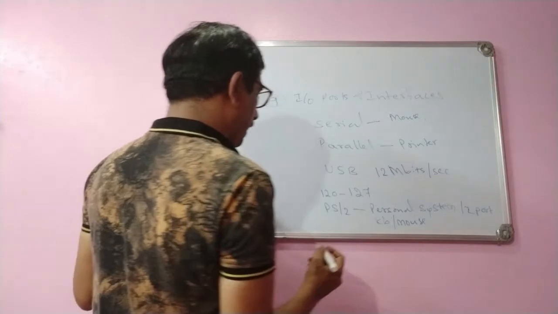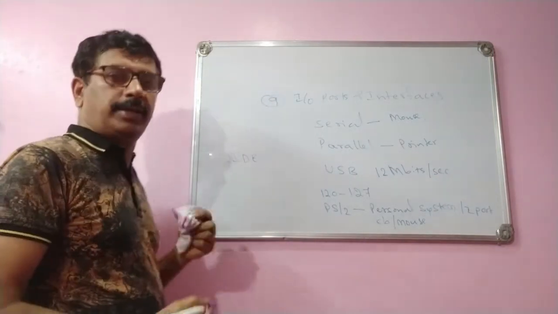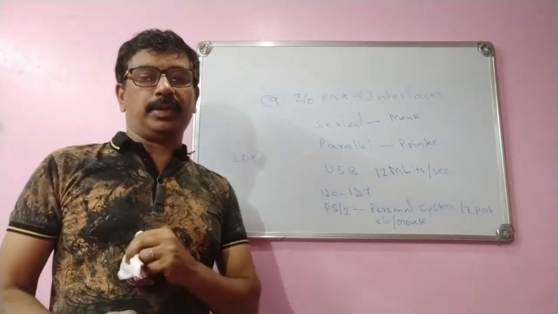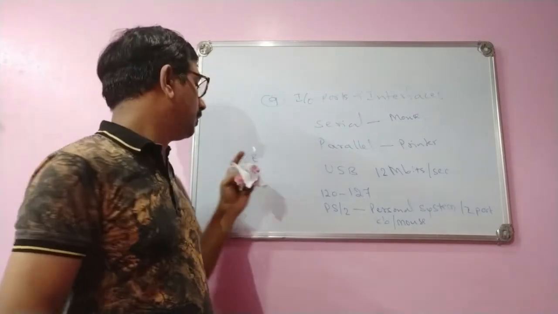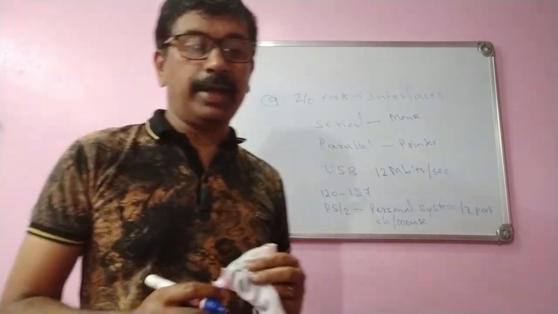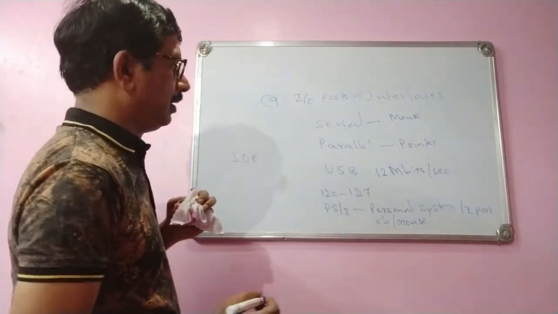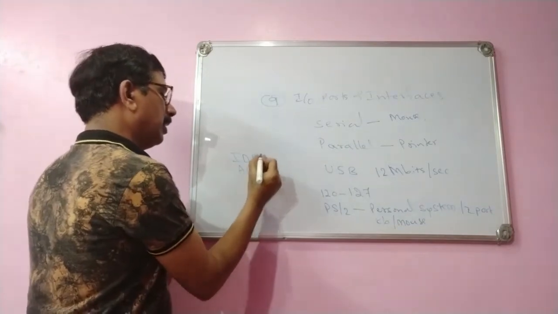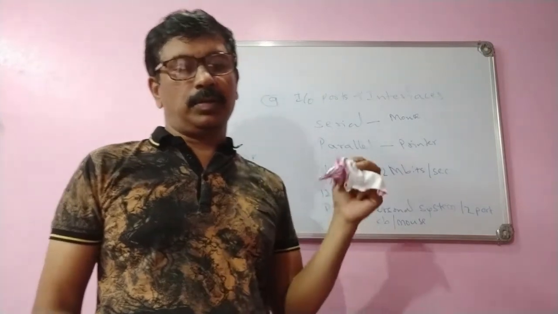And there will be IDE port to connect the hard disk. Integrated Development Environment, to connect the hard disk. IDE port. And there will be AGP port, Accelerated Graphics Port.